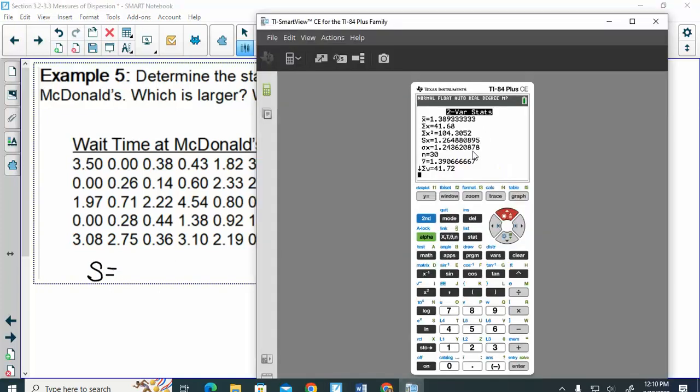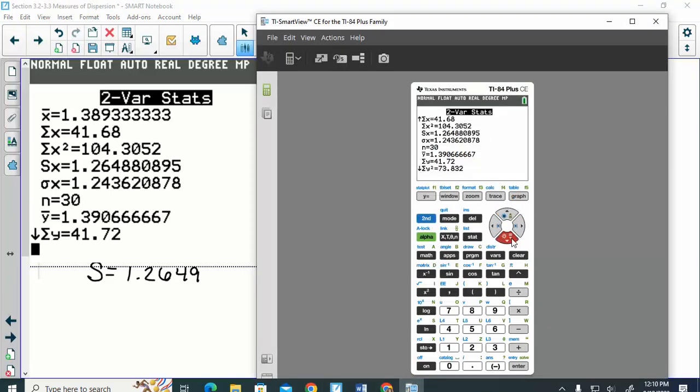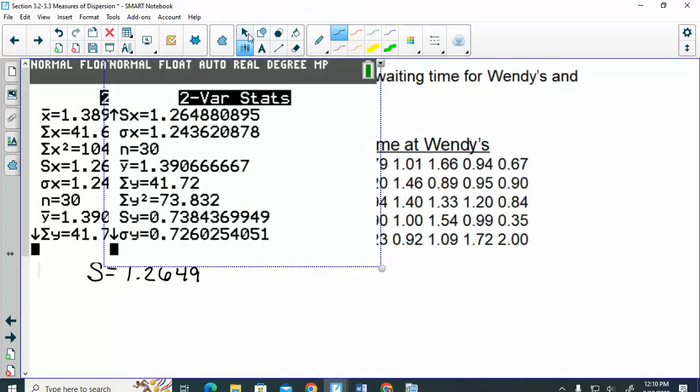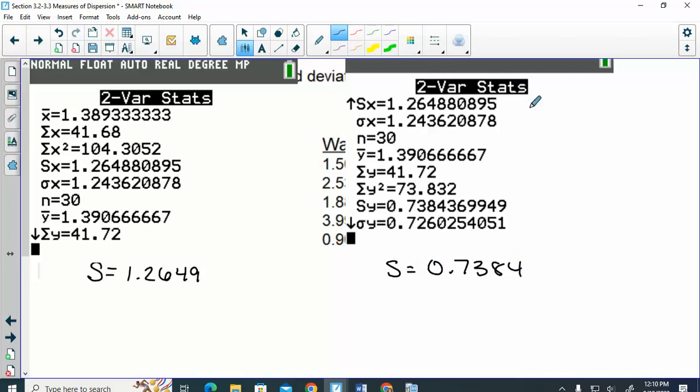So McDonald's, my S was... Wendy's. Scroll down a little bit. So Wendy's, my S was 0.7384. So what does that tell me?